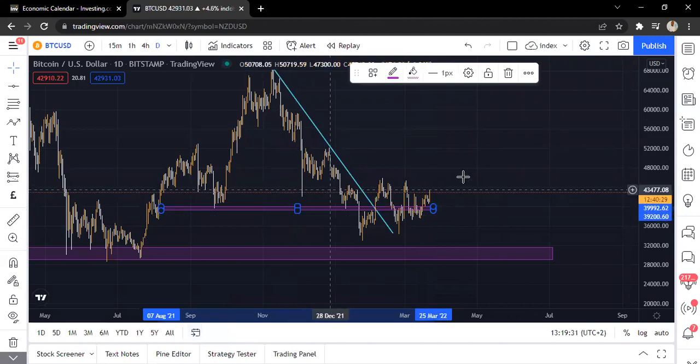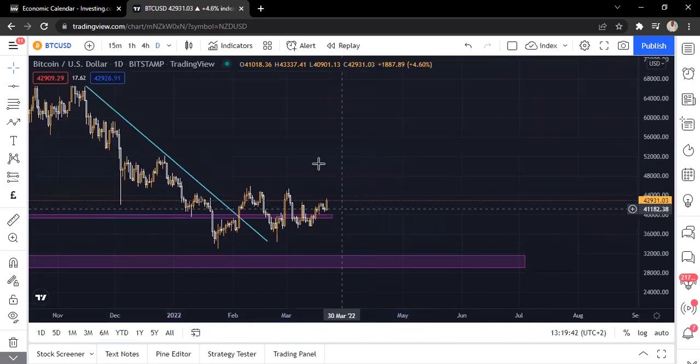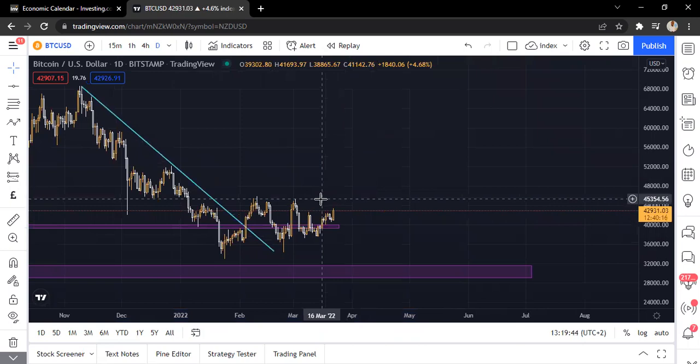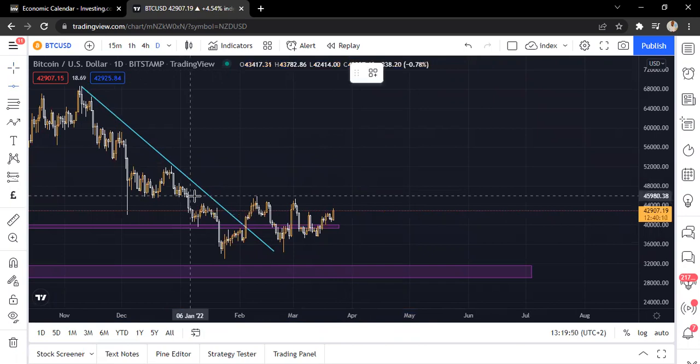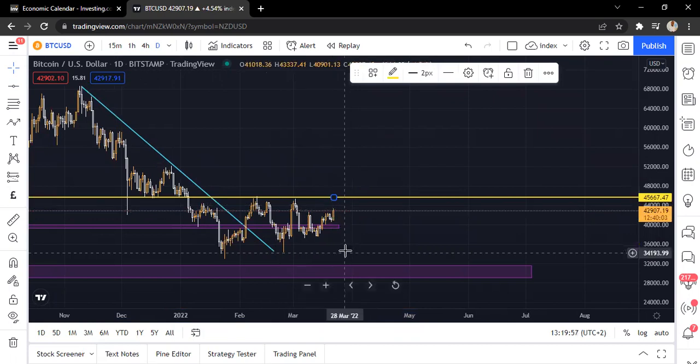Cool. So currently, what I'm thinking is, because the market has cleared some very beautiful areas here, at the moment the market is just ranging here, right? Let me just show you. The market is just ranging between these two levels, which is good, and then coming back down to probably these areas.